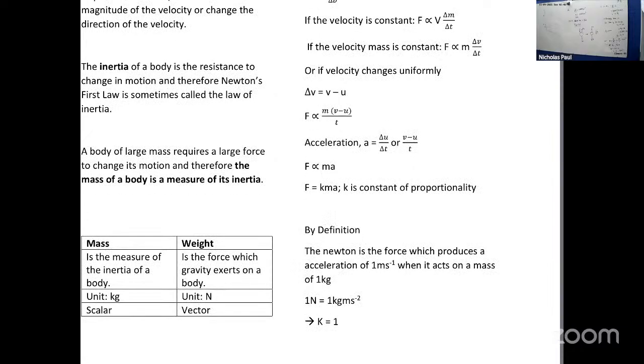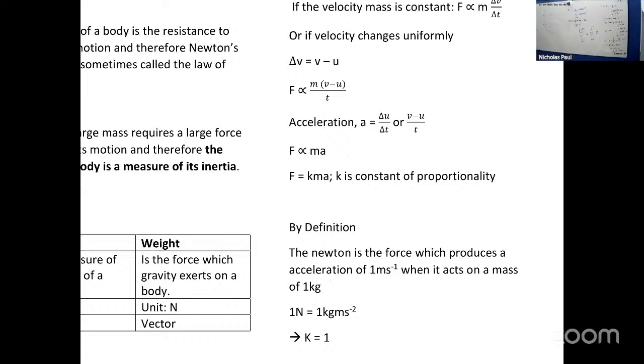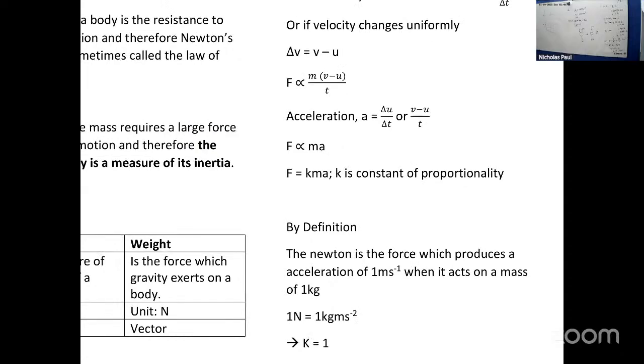Okay? Again, don't just write F equals ma. What are you supposed to write? Is it F equals ma or resultant force equals mass by acceleration? Resultant force, right? Like what we did here. Newton's second law: the resultant force is equal to mass by acceleration. All right?